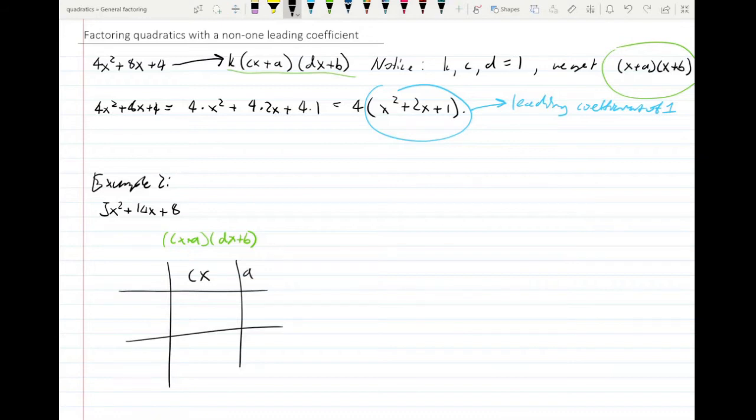Cx plus a times dx plus b. And once again, we're going to find each term by multiplying each column by each row. So here we've got cdx squared. Here we've got adx. Here we've got bcx. And here we've got ab.